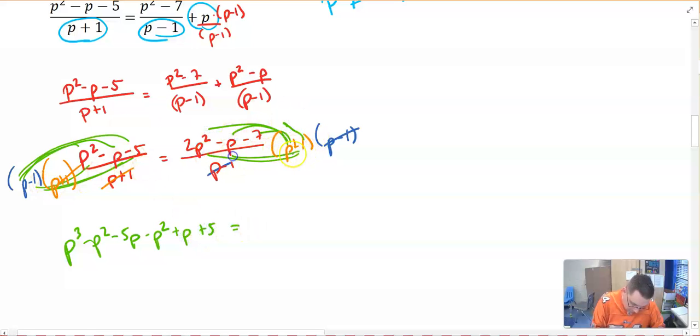And again, this will go in both, right? So again, we're going to hit 6 terms, and then we'll simplify and combine like terms, and then we'll go from there. So we're going to get 2p cubed minus p squared, and then minus 7p, and then we're going to get plus 2p squared minus p and minus 7.